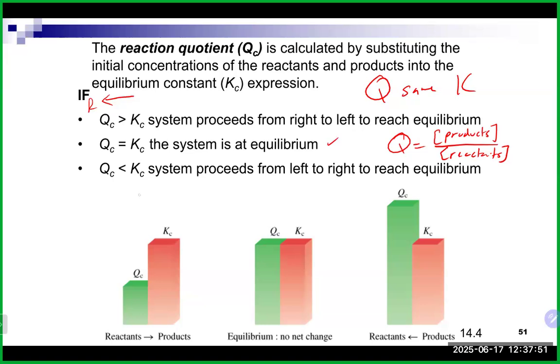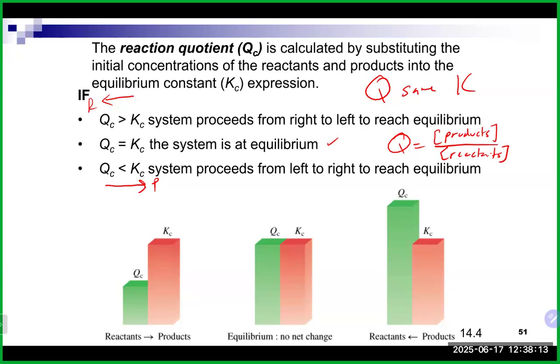If you calculate Q and it's less than the K value, you are not at equilibrium, and it goes opposite the way the sign is pointing, so it needs to go to the product side to reach equilibrium. So if you put Q on the left and K on the right, it goes opposite the way the greater than sign is pointing.